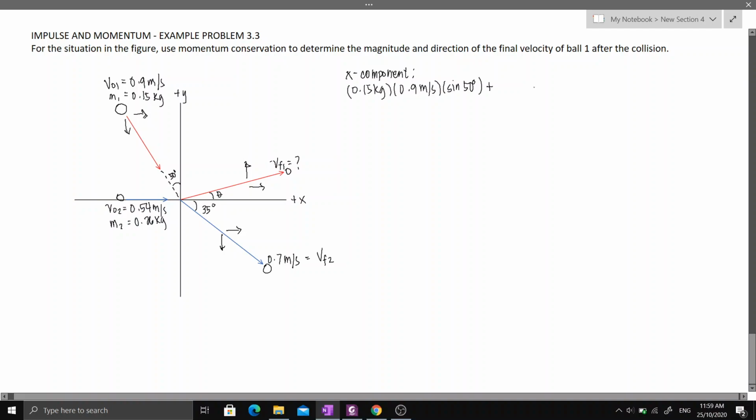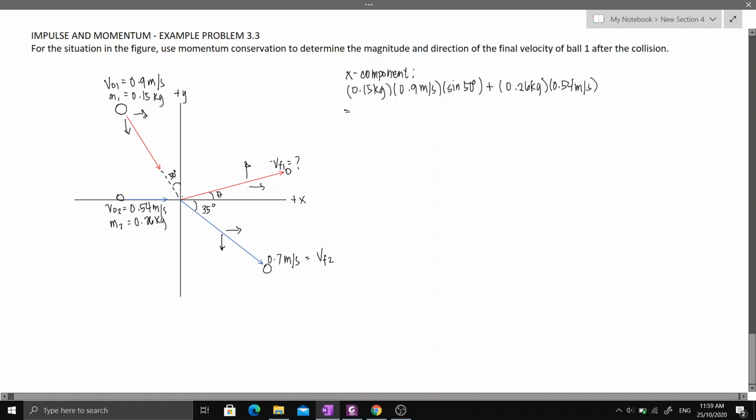plus, again positive, 0.26 kilograms times the initial velocity of 0.54 meters per second.